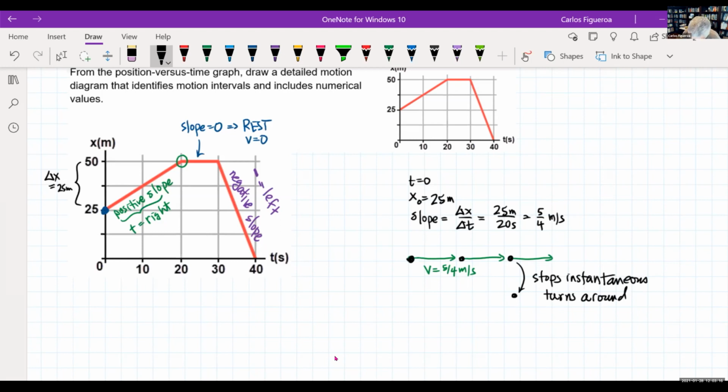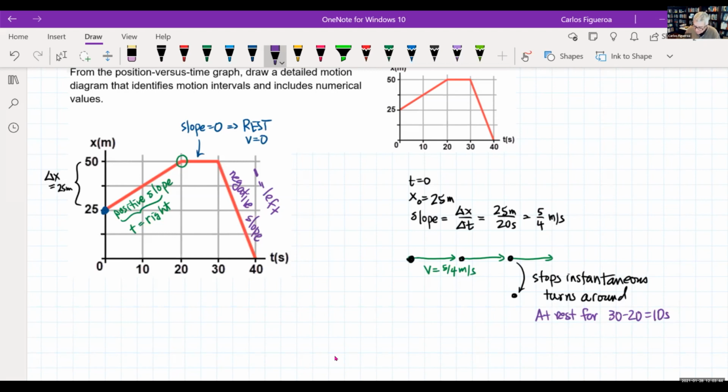But the question is, as it stops, how long is it here? It's at rest for 30 minus 20 seconds. It's at rest for 10 seconds. So we just sit there.